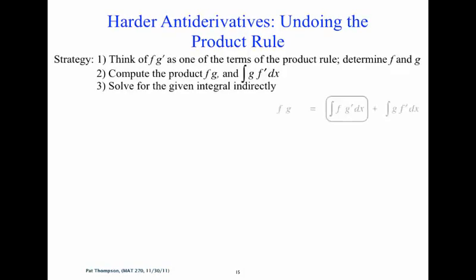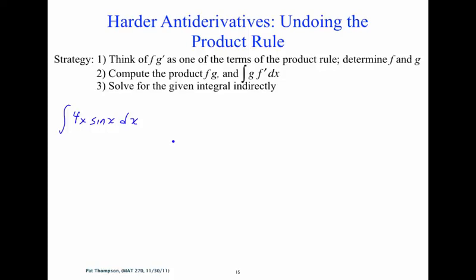Okay, so here's the first example. Try this. So first of all, we've got the product of two things. How do we know that this is not undoing the chain rule?